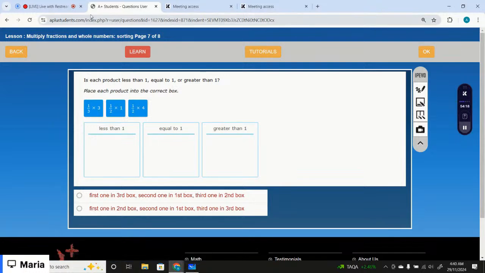Okay, that's all for today. So we were working on grade 5 math. The chapter we were working on is multiply fractions.